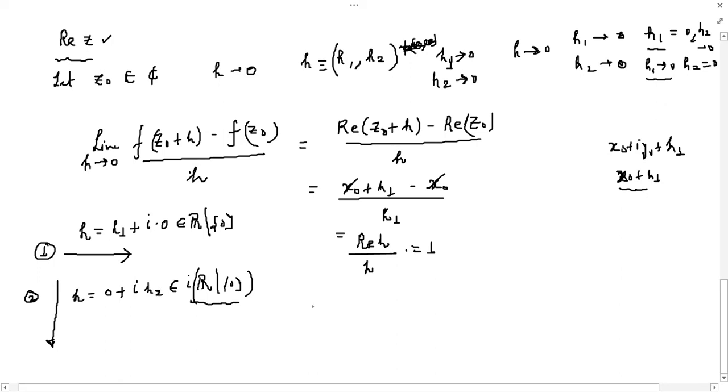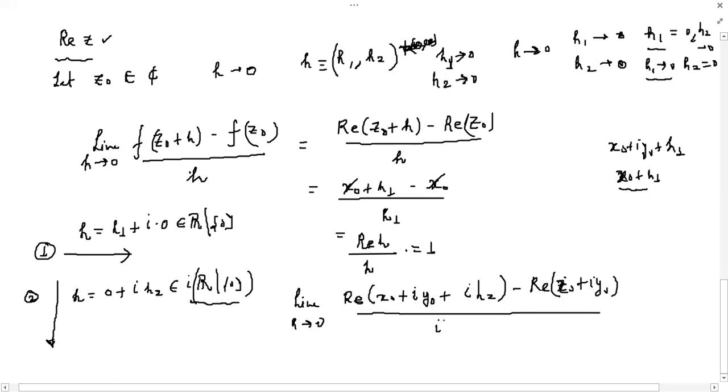So now this is the limit as H tends to 0 of the real part of x naught plus iota y naught plus iota H2, minus the real part of x naught plus iota y naught, divided by simply iota H2. Now what will I get?